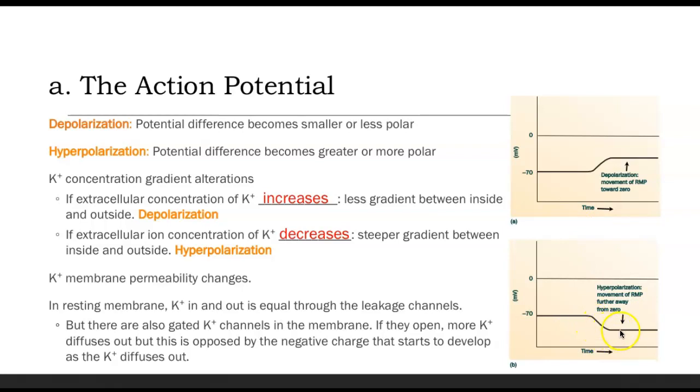It's going to be even harder if we have hyperpolarization to reach the threshold to get an action potential to take place. So potassium membrane permeability is going to change to cause this. When our cell is at rest, potassium in and out is going to be equal through the leakage channels. But there are also gated potassium channels in the membrane. If those open and more potassium diffuses out, this is opposed by a negative charge that starts to develop as potassium diffuses out.